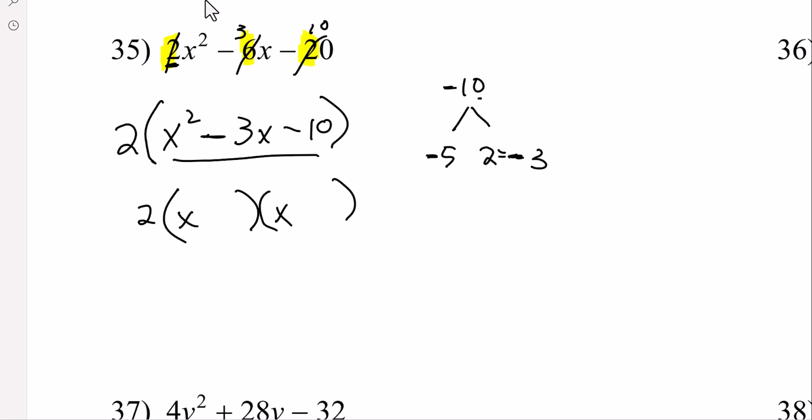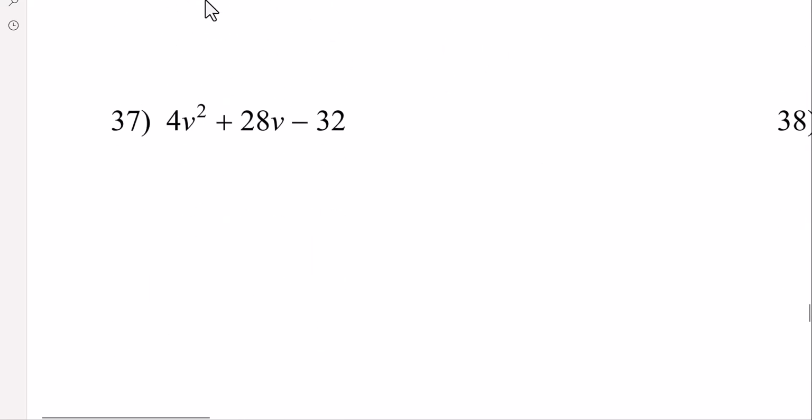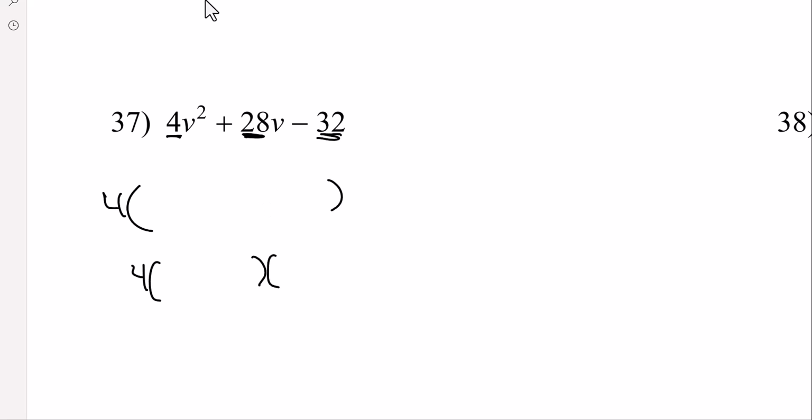They multiply to be negative 10, but they add up to negative 3. And notice it doesn't matter which order. I could have put the subtract 5 and the plus 2 over here. That part doesn't matter. So notice these all have a 4 in common. So you'd first factor a 4 out, and then you do your 2 sets in parentheses.